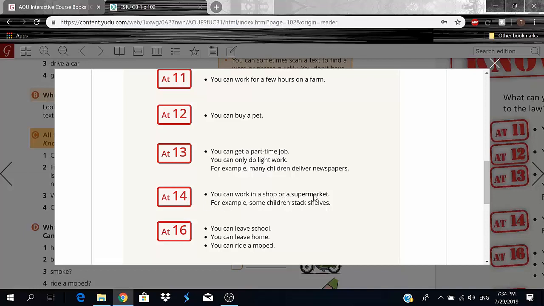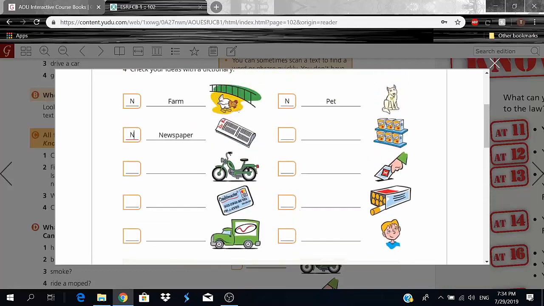For example, some children stack shelves. So how can I write this? I could write stack, or not that, that was weird, so stack. For some reason I cannot type today. Stack, right?